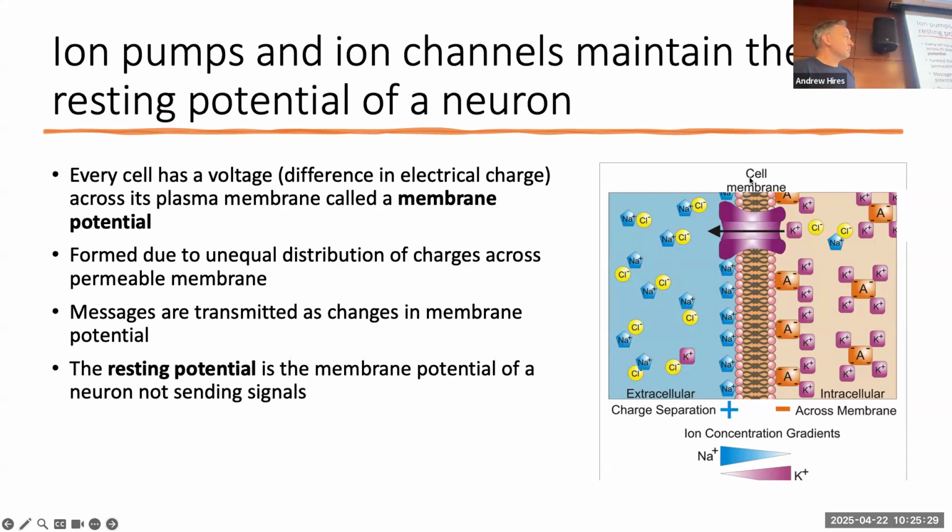So in most cells, there is going to be a negative charge inside the cell relative to the outside of the cell. Now, this is accomplished by a number of factors. One factor is proteins inside the cell tend to be more negatively charged than proteins outside the cell.